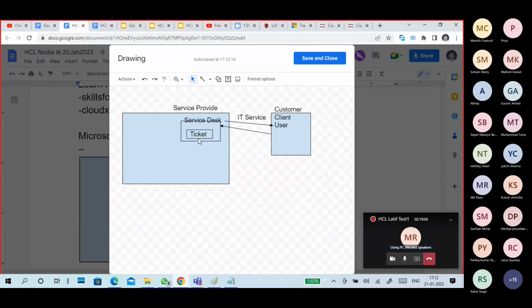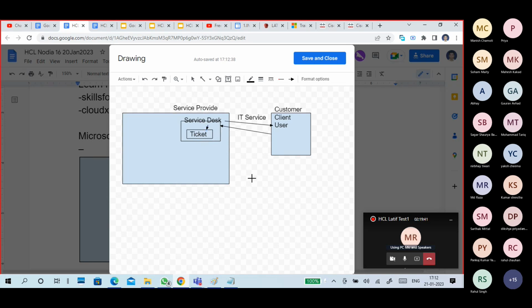So this ticket contains information about the customer and the customer query, which can be an issue, a request, an inquiry, or an issue report. They will put it under a service ticket.